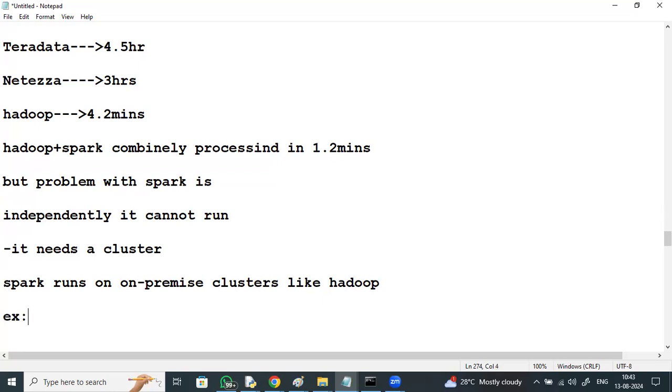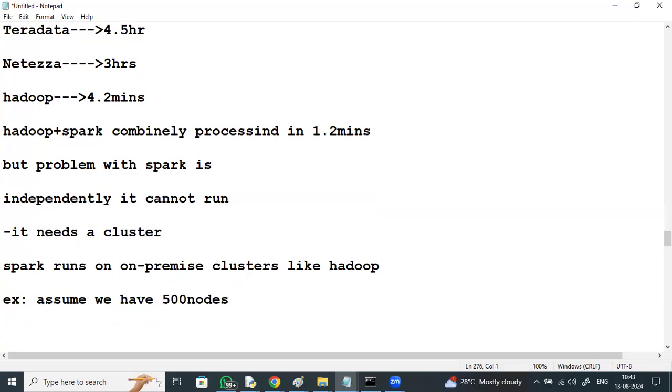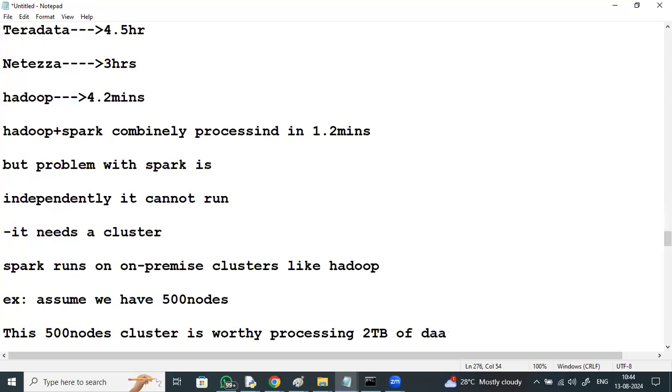For example, assume we have 500 nodes. This 500 nodes cluster is worthy of processing 2 TB of data at a time.